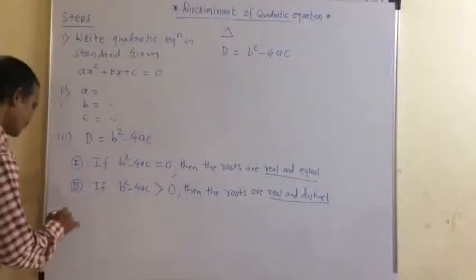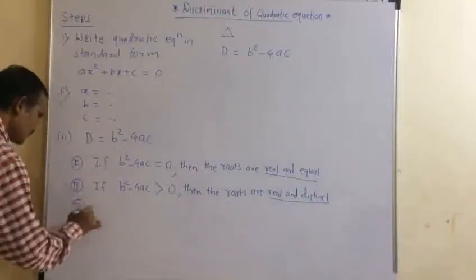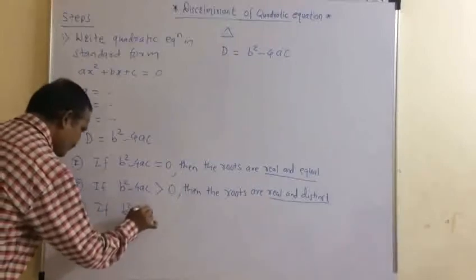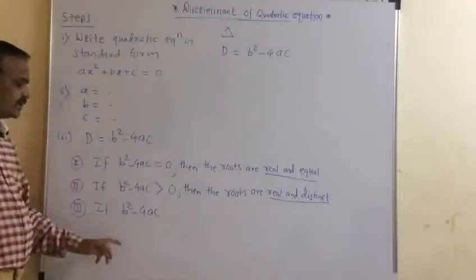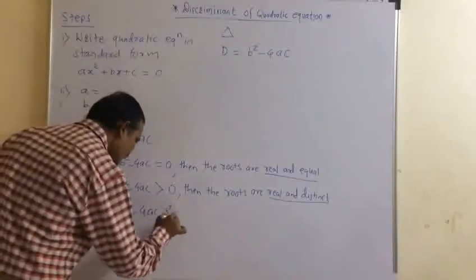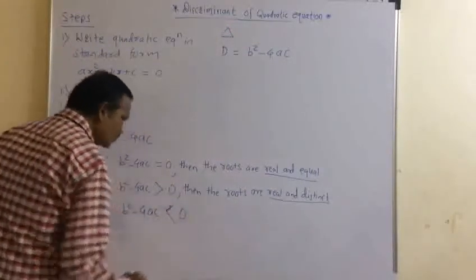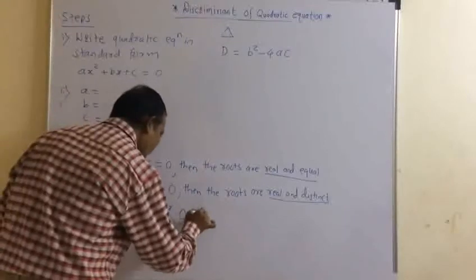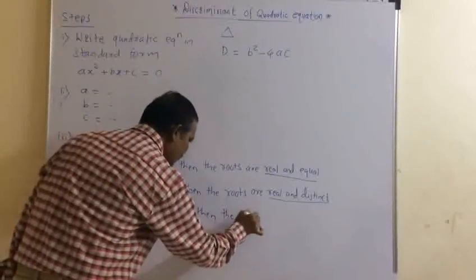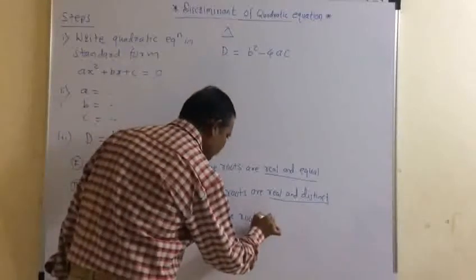And finally, for the third case, if the value of b square minus 4ac, that means the discriminant, is less than 0, then the roots are not real.